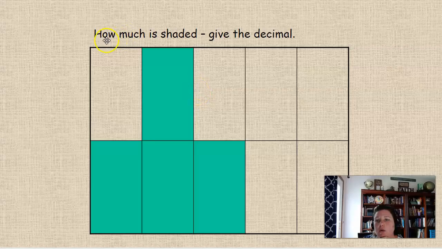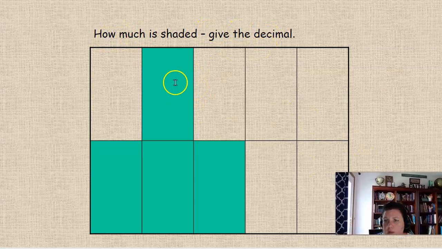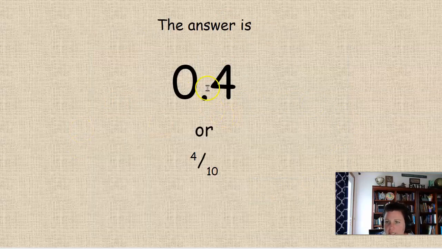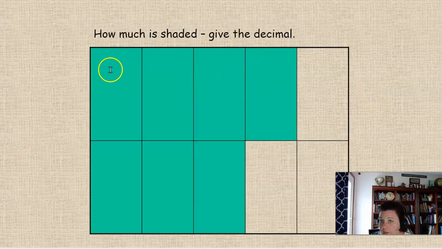Ready? How much is shaded? Give the decimal. In this ten frame, there are 10 rectangles altogether. How many of those are shaded? Give the decimal. 4 out of 10 or 4/10. What about this one?